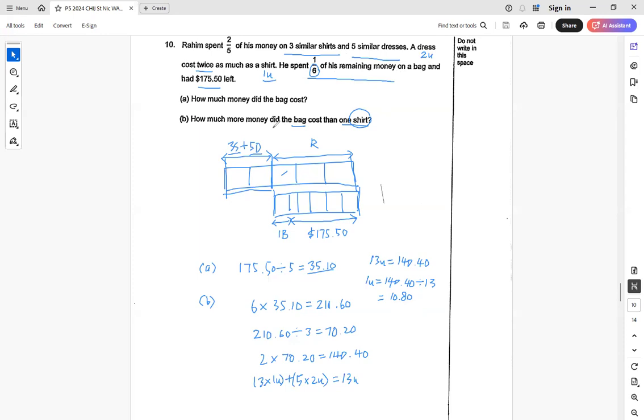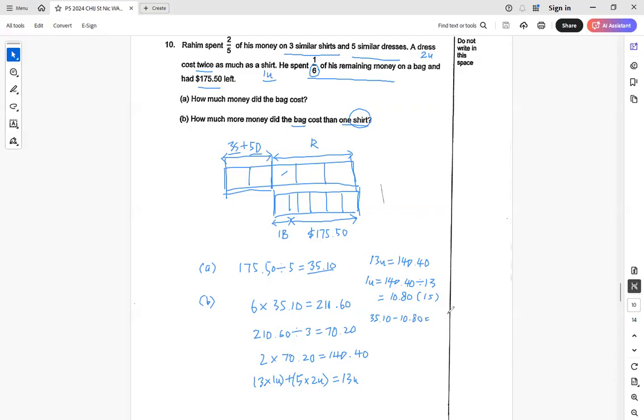The question wants us to compare the difference between 1 bag and 1 shirt. So 1 bag we have found is $35.10. 1 shirt here is $10.80. This one I can put here. This is 1 shirt. So we just find the difference. You take $35.10, you subtract the 1 shirt.